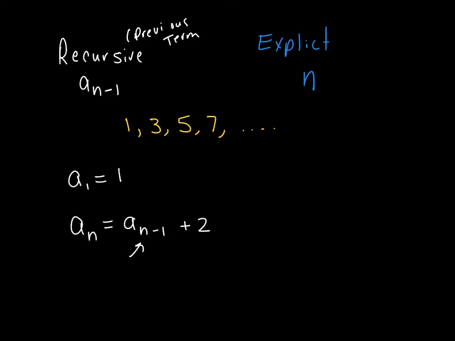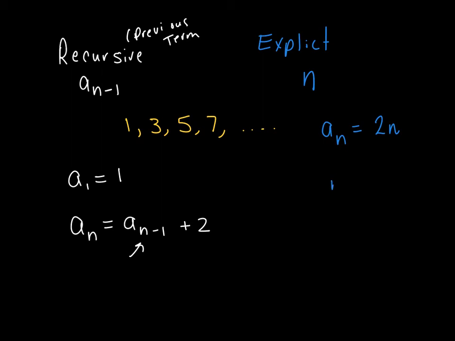Now, for the explicit formula, we have to do some value here with n. I can't use anything else. So the trick with this is to deal with an even number: 2 times n, and let's look at that.